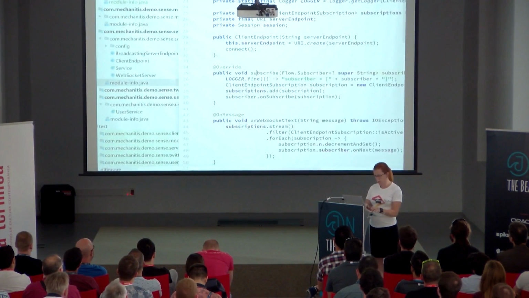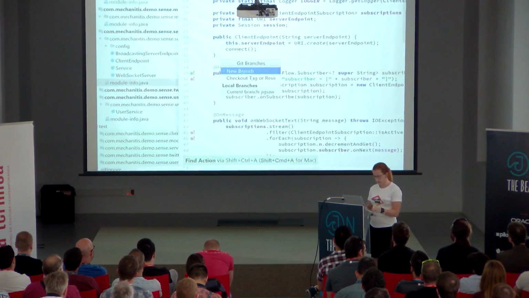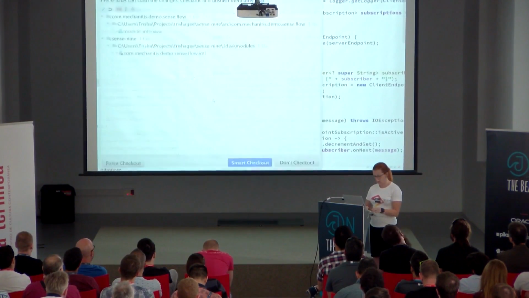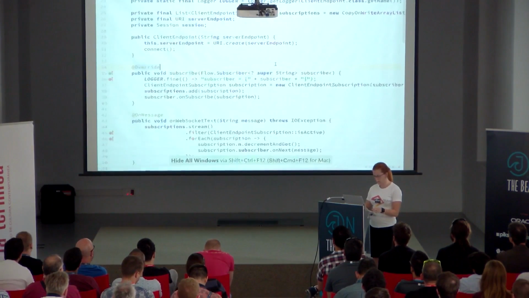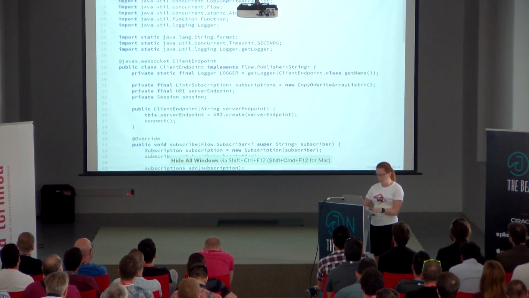Let's switch branches. So my ClientEndpoint implements Flow.Publisher.